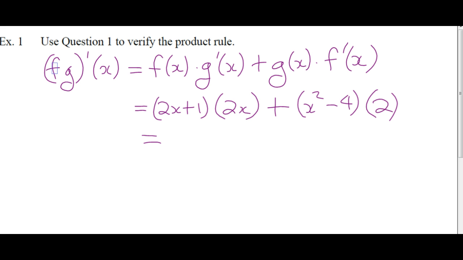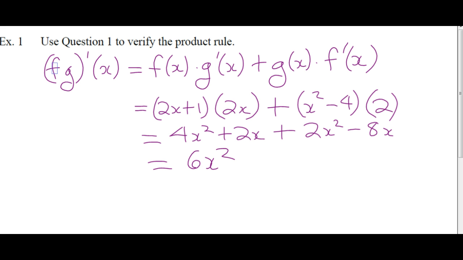All right, so what do we have here? So we have 2x times 2x plus 1 is going to be 4x squared plus 2x plus 2x squared minus 8x. So what do we got? 6x squared. Right? Oh, minus 8. Yeah, not 8x, right?